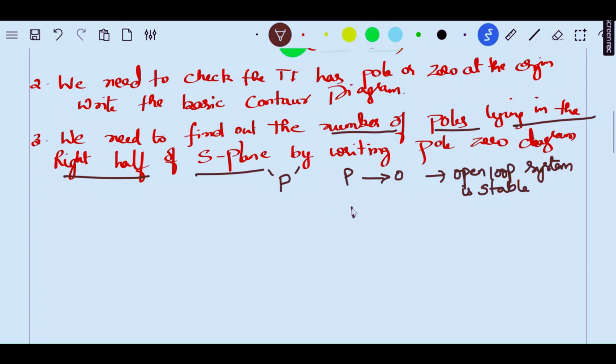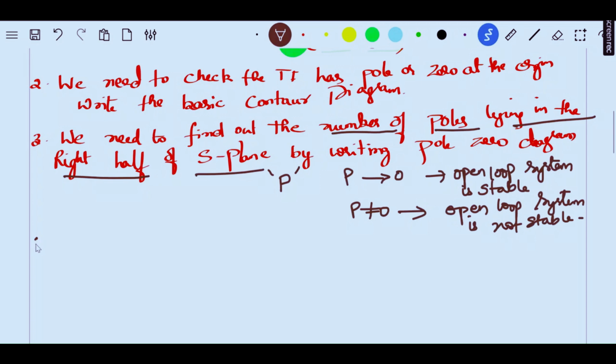If P is not equal to 0, then we say the open loop system is not stable. So that is what you need to keep in mind. You need to calculate the value of P. This is the third step, in which we calculate P.